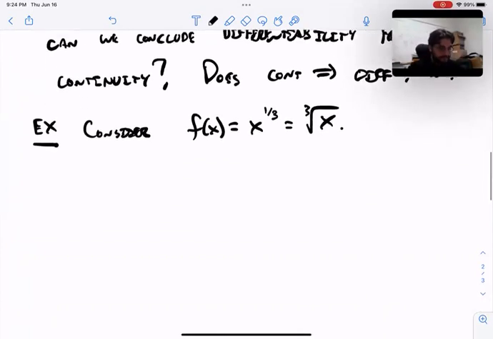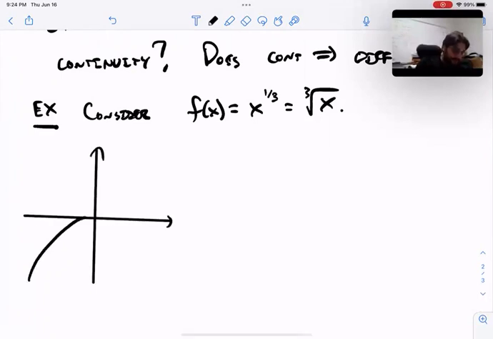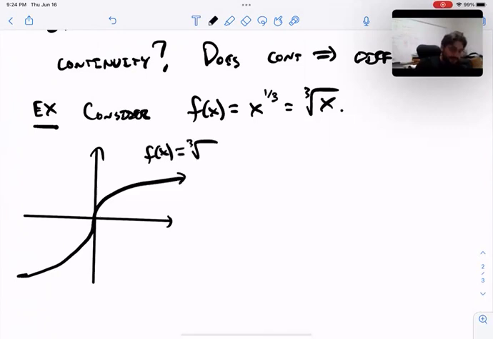This is the inverse function of x cubed. Imagine that classic parent graph, x cubed. It's a one-to-one function, it's invertible, and you don't have to restrict the domain at all. Now reflect it about y equals x, and you get a graph that goes like this. This is the function f of x equals cubed root of x.